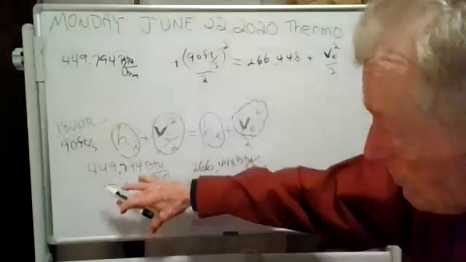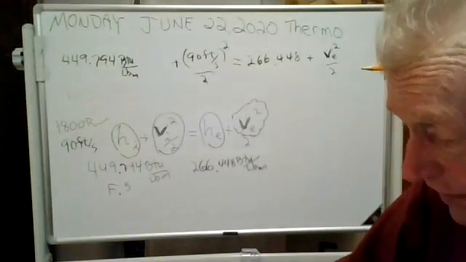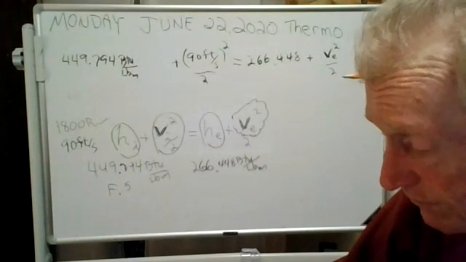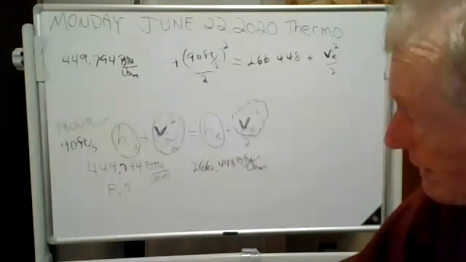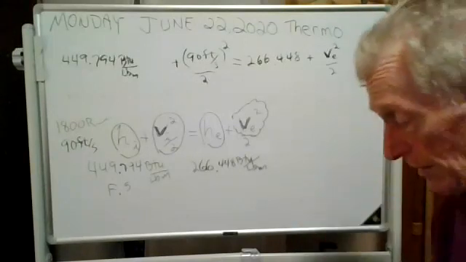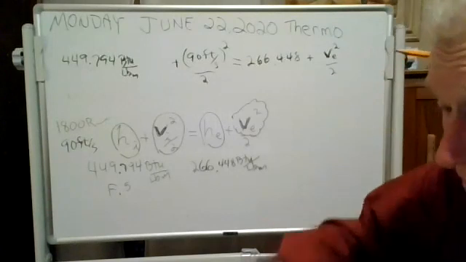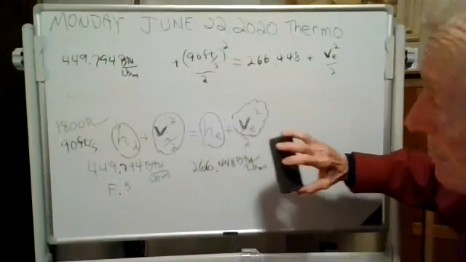And I got these numbers from the ideal gas integral tables. They have actually integrated a function for the specific enthalpy. Okay, we're going to do that and get our answer. Here goes. I just need the room here, so I'm going to say goodbye.